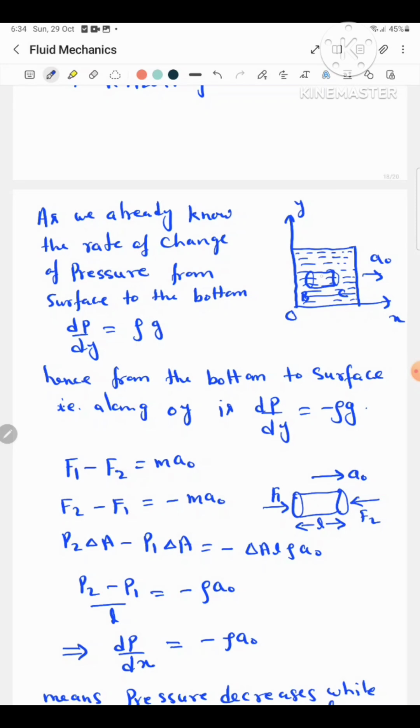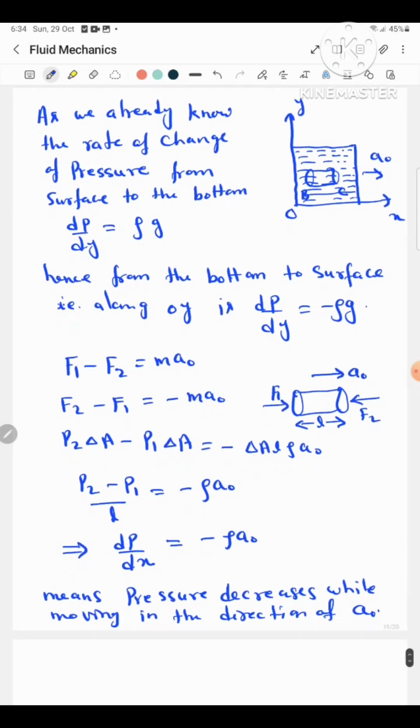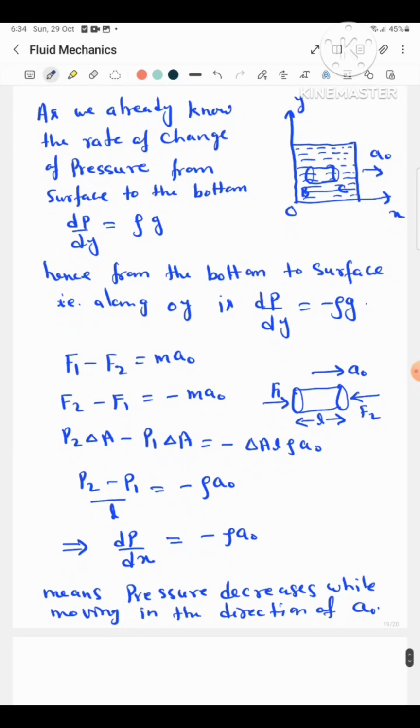The minus sign shows that when we go from bottom to the surface, the pressure is decreasing. We will now consider the horizontal situation, how the pressure is varying horizontally.